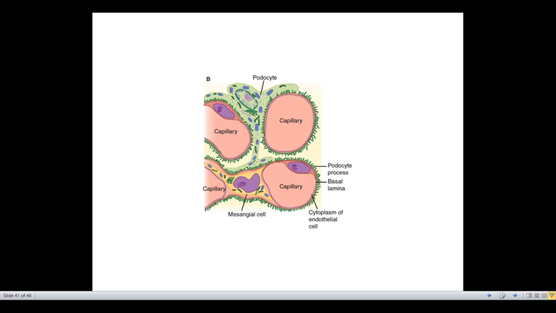Note the mesangial cells located between two capillaries in this figure. Also note the podocytes. I will explain in a short while what podocytes are.